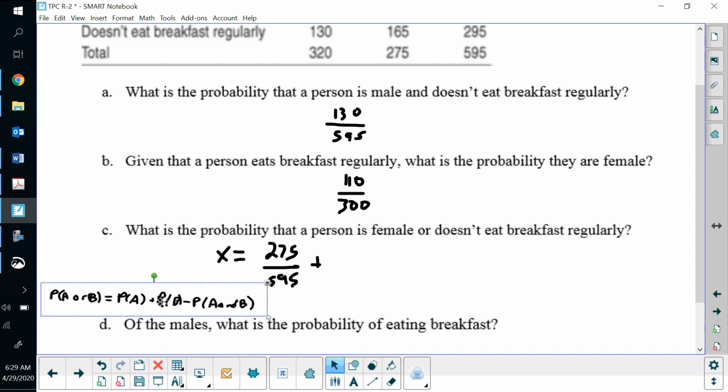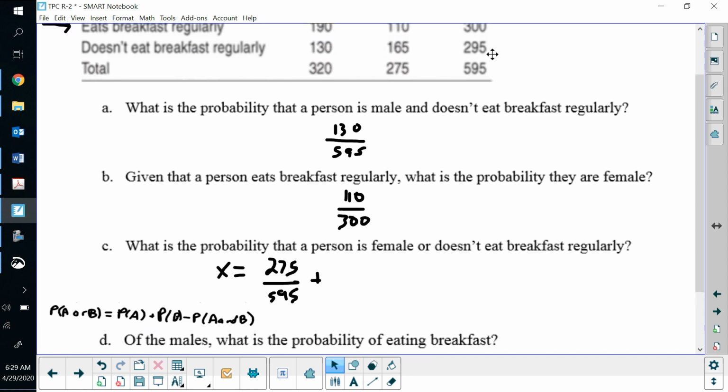There's our formula. So we need plus the probability of thing B, which was doesn't eat breakfast regularly. Well, the box that only doesn't eat breakfast regularly is the 295. So we'll have 295 out of 595.